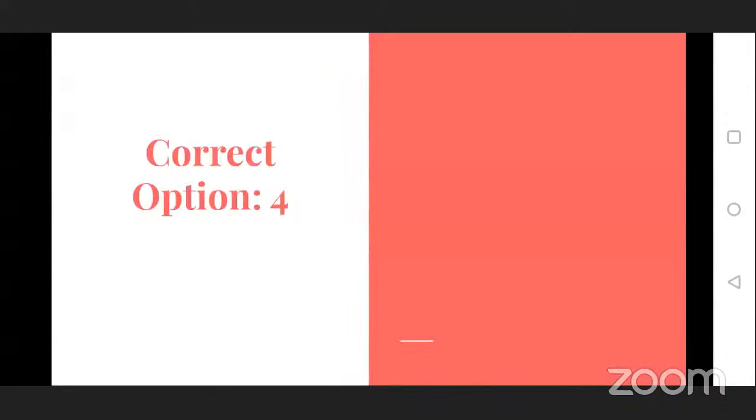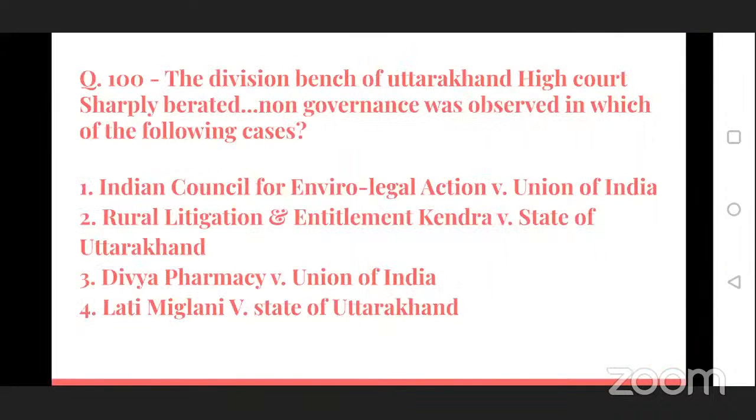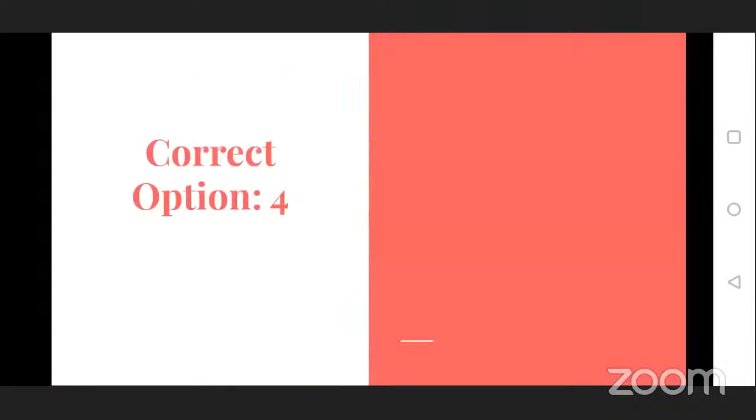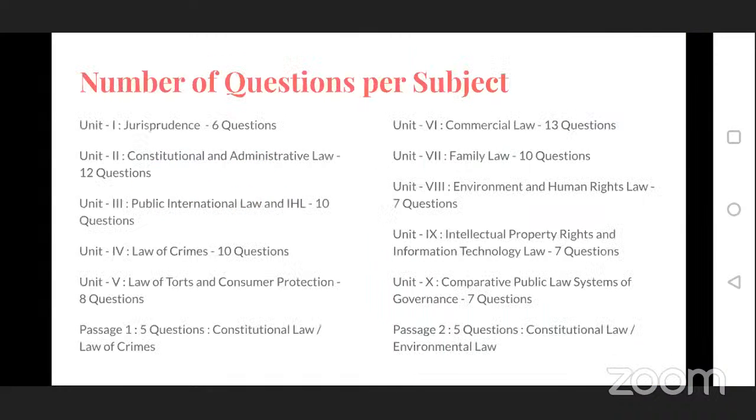So the correct option is option number 4. So this was all about our questions. So we have covered all 100 questions from UGC NET June 2020 with their explanations.